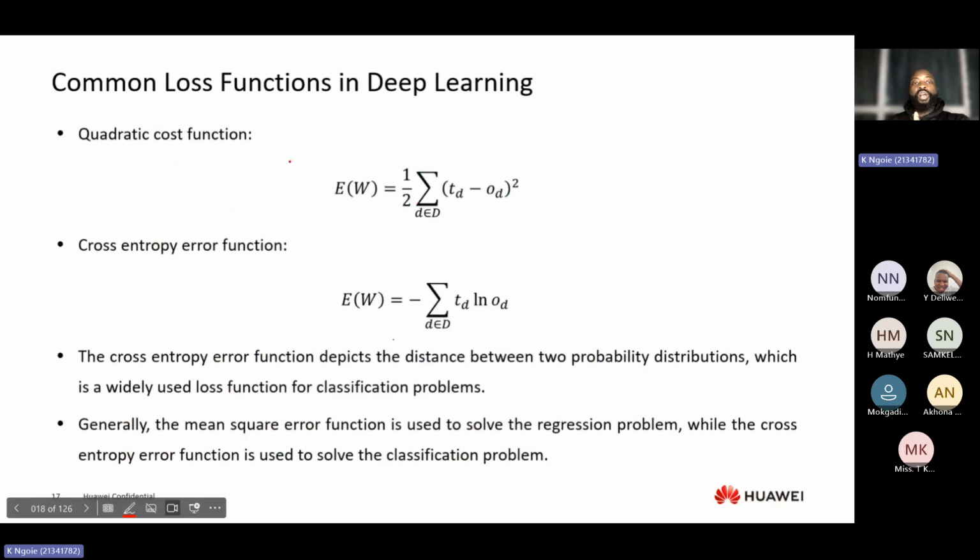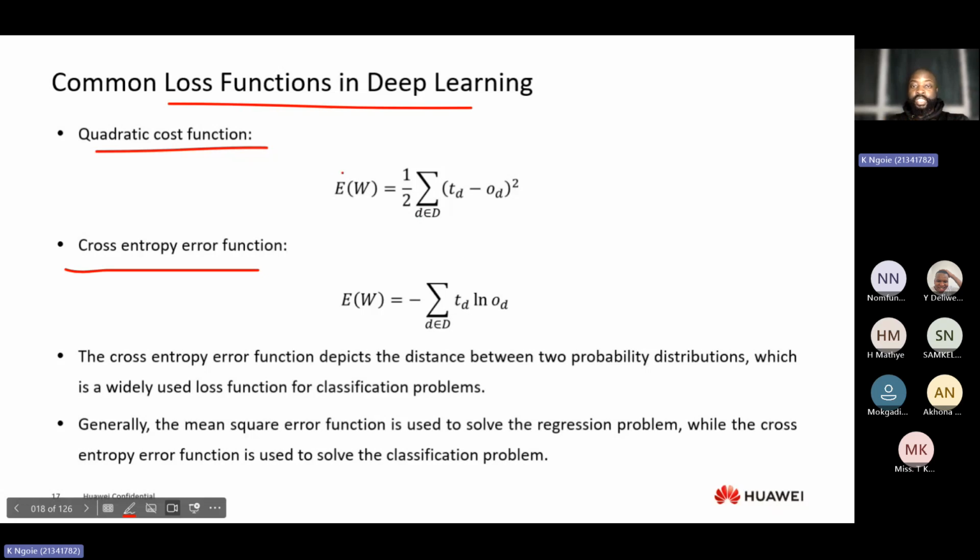Okay, so common loss functions in deep learning. The loss function will also depend on what problem you are solving, what type of scenario you're having. We have the quadratic cost function, or quadratic loss function, and we have the cross entropy error function.